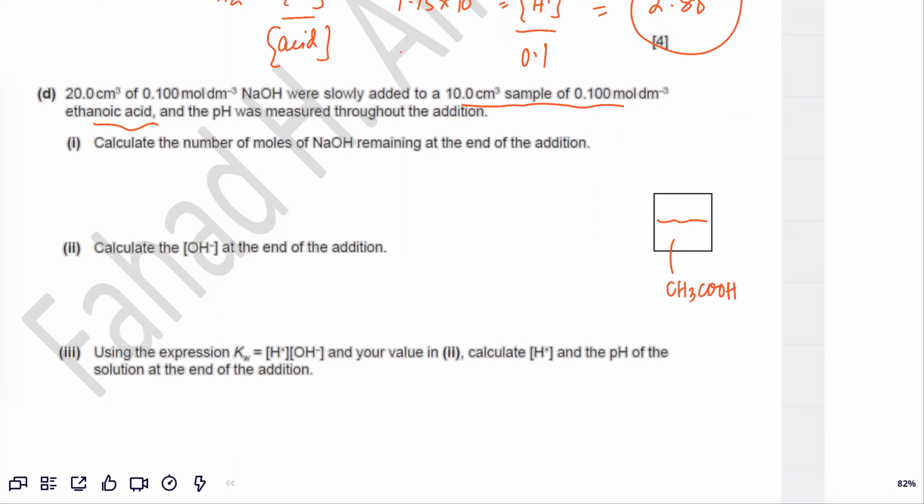And it's 10 cm cube. And can anyone tell me how many moles this is? Concentration times volume, what do you get for this? Ten into 0.1, is it 1 times 10 per minus 3 moles? Yes, sir.